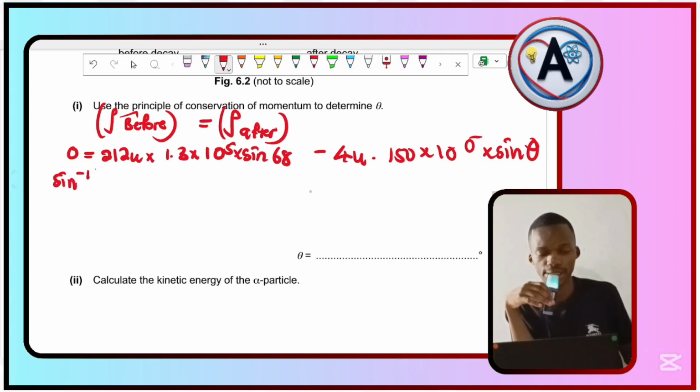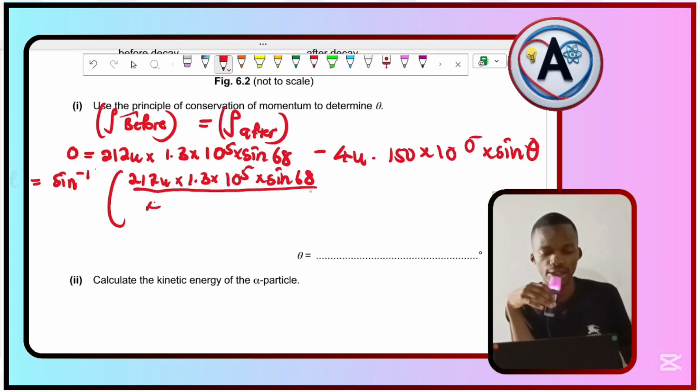Theta is going to be arc sine of, so this goes to the other side, 212 u times 1.3 times 10 to the power of 5 times sine 68 divided by 4u times 150 times 10 to the power of 5. That's it. Okay, cool.